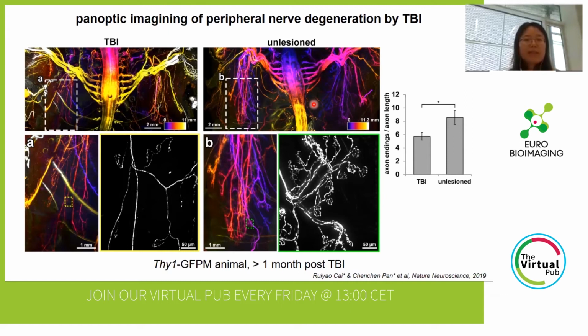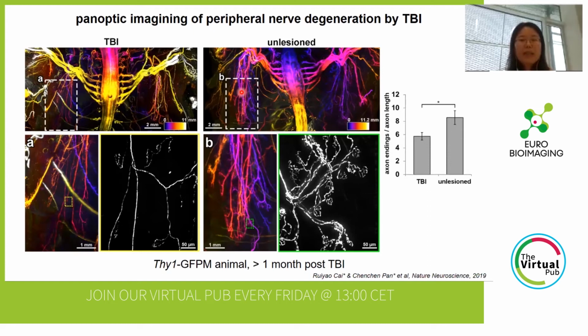We identified that in the TBI disease model, after 1 month, we cleared the whole body of the mouse and imaged it. We can see that at the upper torso part, the complexity of the nerve terminals at the neuromuscular junctions is decreased compared to the control and lesioned samples.